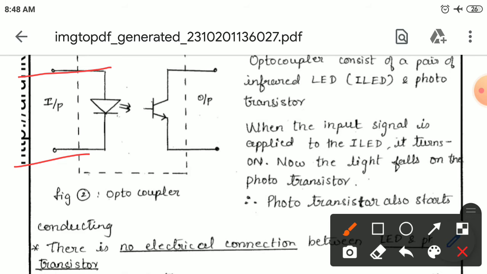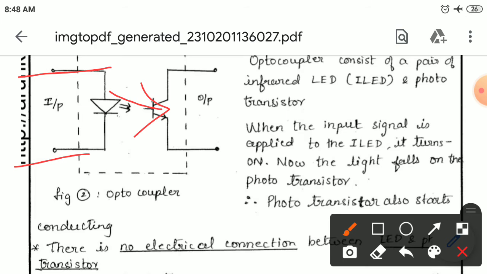The input to the LED may be 5 volts, 12 volts, whatever is based on the LED requirements, and that is applied to this light emitting diode. Once the LED receives the supply, it starts glowing. The light emitted from this LED falls on the photo transistor, then the transistor starts acting.